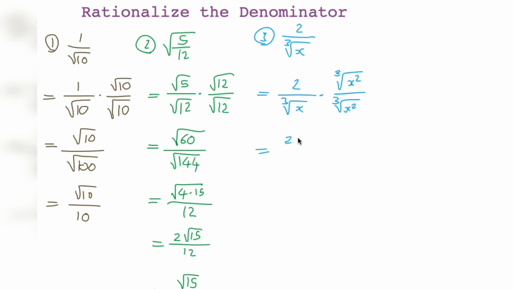Now simply multiply numerator and denominator. 1/3 power and x cube. Now numerator is already solved, so we can write as it is, and here the denominator becomes x.